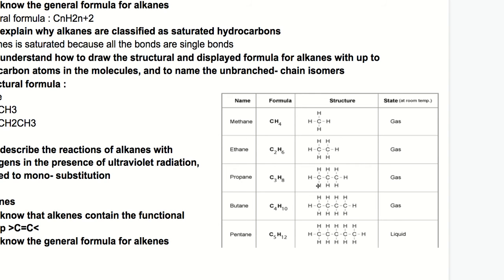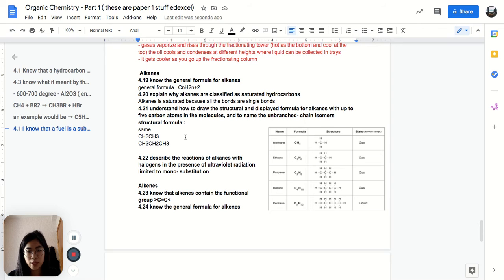So it will be CH3, CH2, CH3. And for butane, it will be CH3, CH2, CH2, CH3. I hope that makes sense, guys. I wouldn't do pentane anymore because I know you probably understand how it goes.